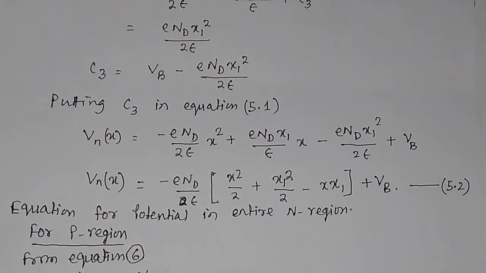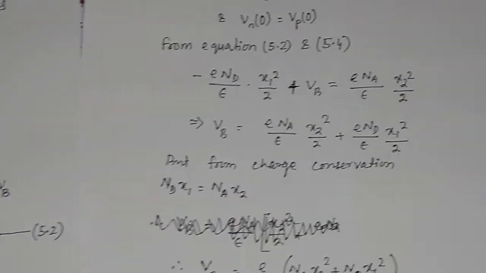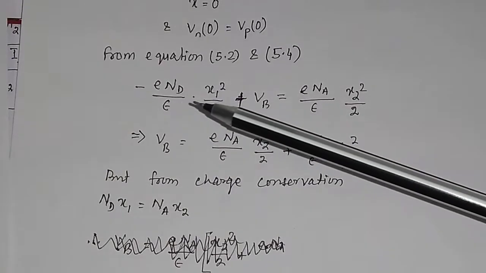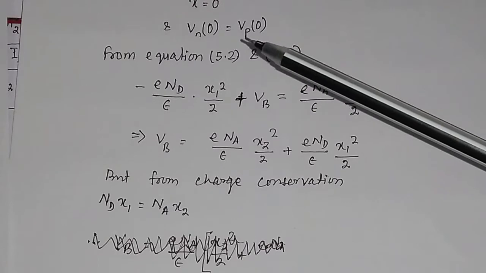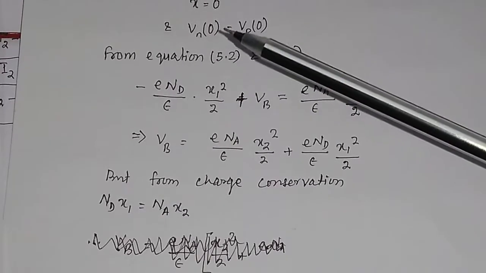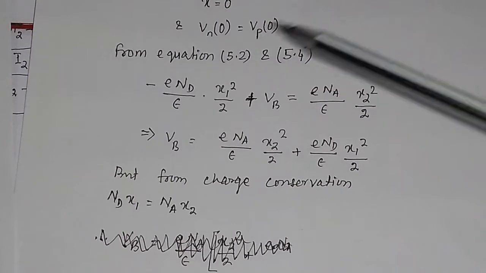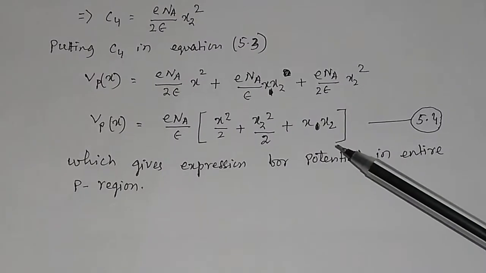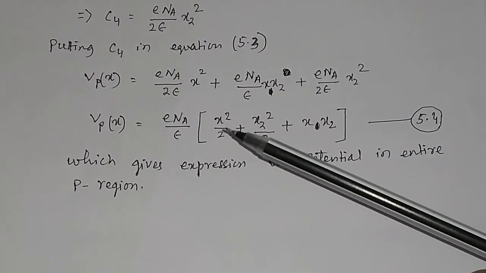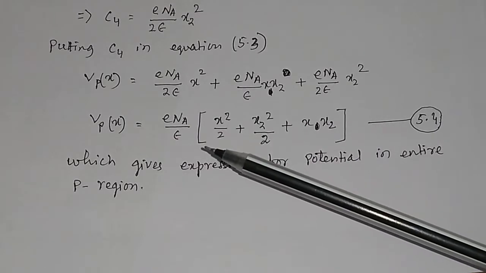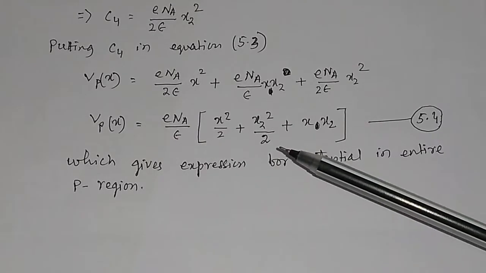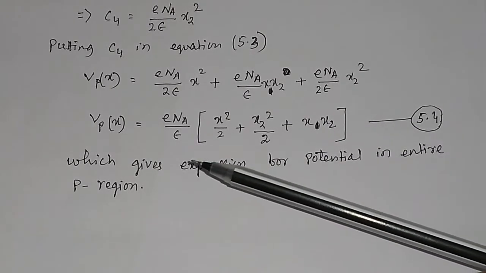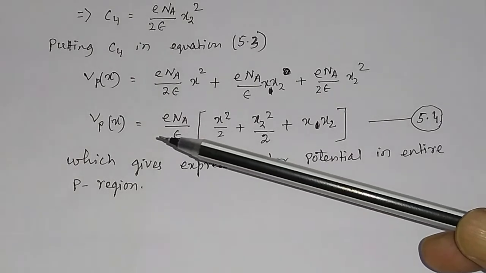Similarly, if you put the condition for the junction potential, that is x equal to 0, in equation 5.4, this will be equal to E into Na divided by epsilon into x2 square divided by 2. This term will be equal to 0 and the potential are equal, that is Vnx will be equal to Vpx.